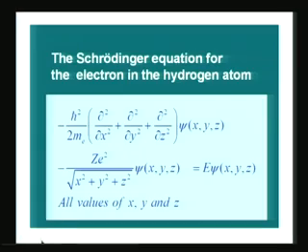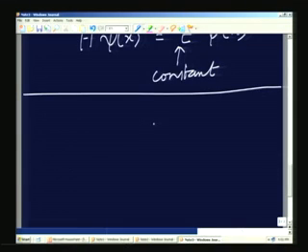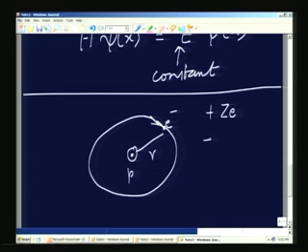You recall that if the distance between the two is r, this is not a circle, but let us imagine this to be a circle. If the electron is on the circle and this is a proton, and this distance is r, you know the proton has a charge plus Ze, the electron has the charge minus e.